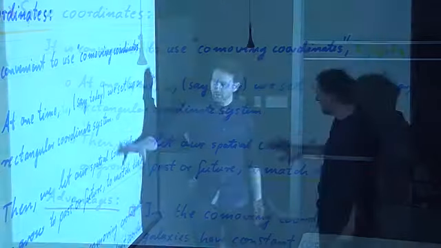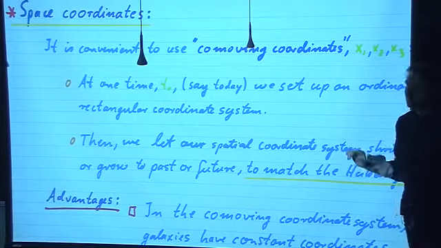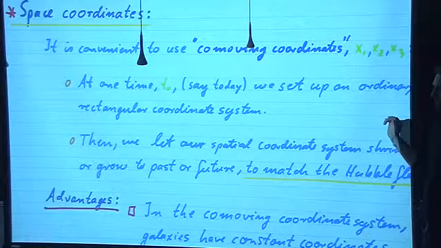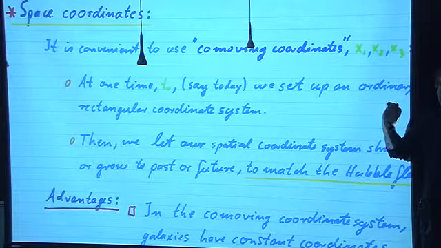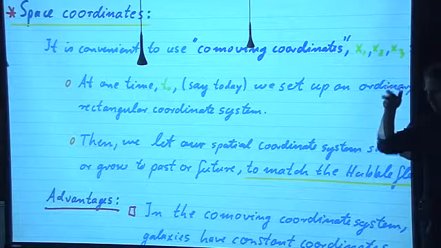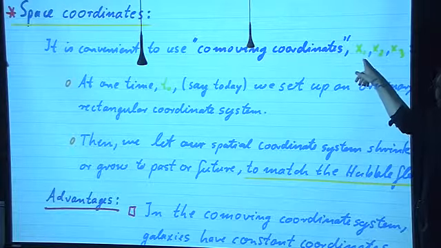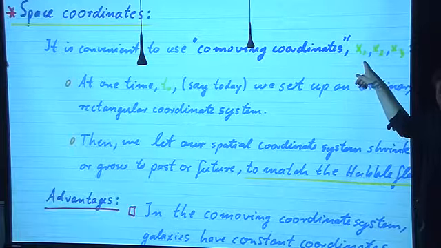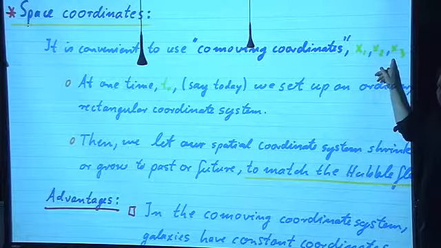This is going to be a very convenient coordinate system, because in that coordinate system, if you look at a galaxy, it will have a certain triplet of coordinates. And if the galaxy has no peculiar motion, it will keep those three numbers as its coordinates, right?